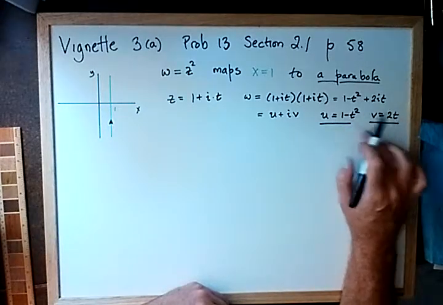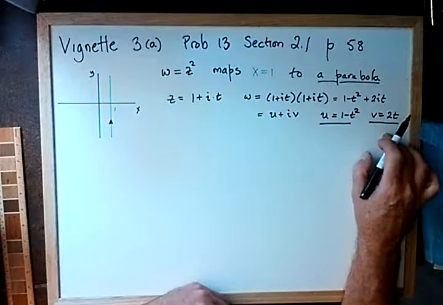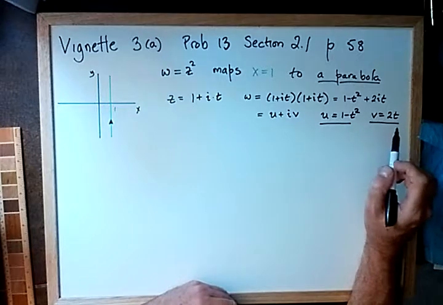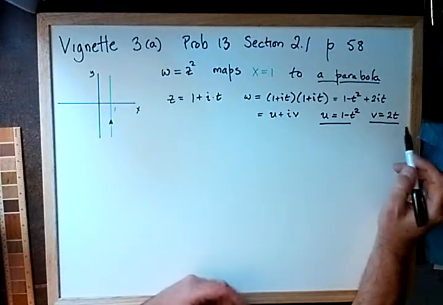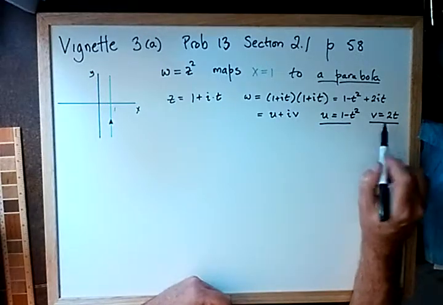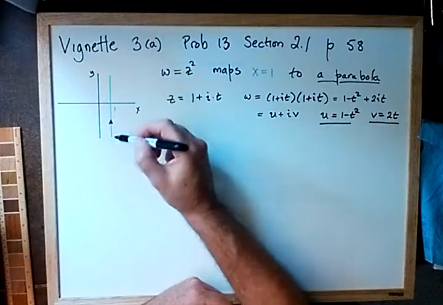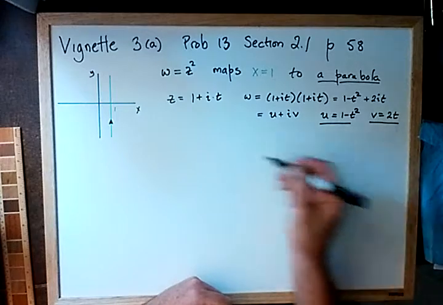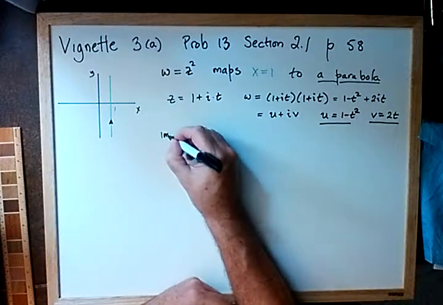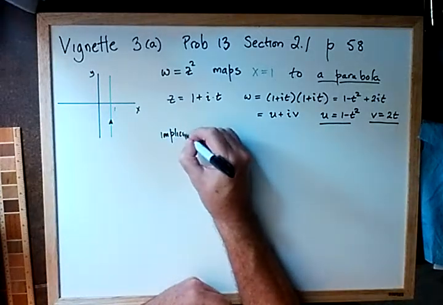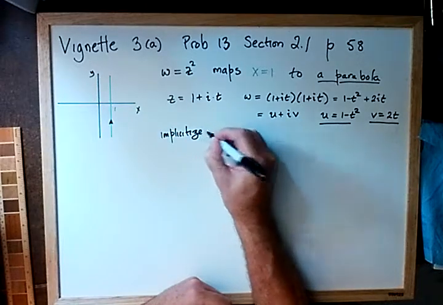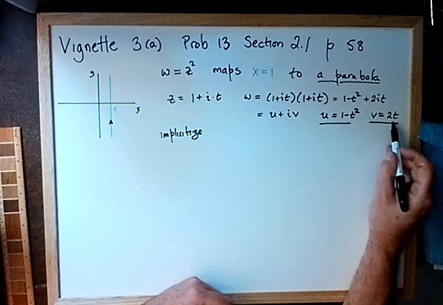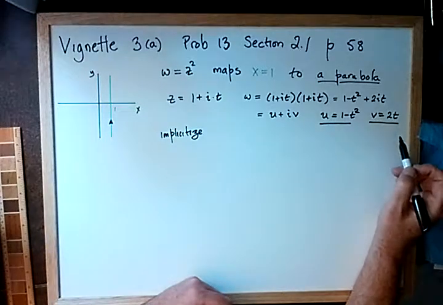But let's take this parametric description and come up with an implicit equation in u and v, which shows that clearly. That process is called, naturally enough, implicitization. Before, we came up with a parameterization for this line. Now we have a parametric description of the curve. Let's implicitize. And we do that by eliminating one parameter. In this case, it's really simple because t is just v over 2.